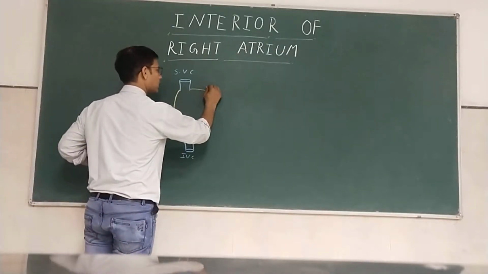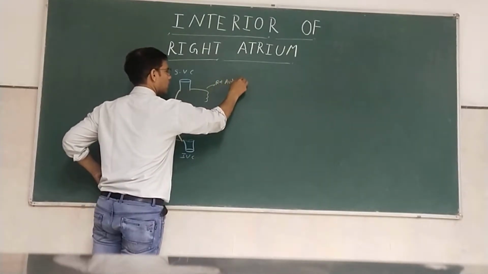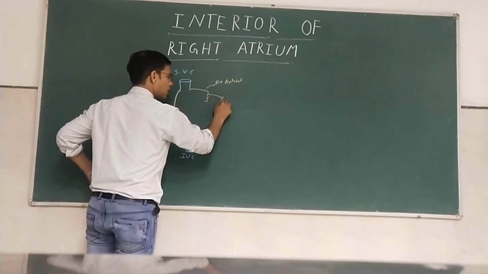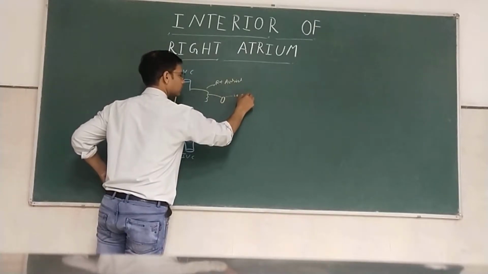Proceeding further, this is the right auricle. A little bit separate, that way we can show the left auricle also.